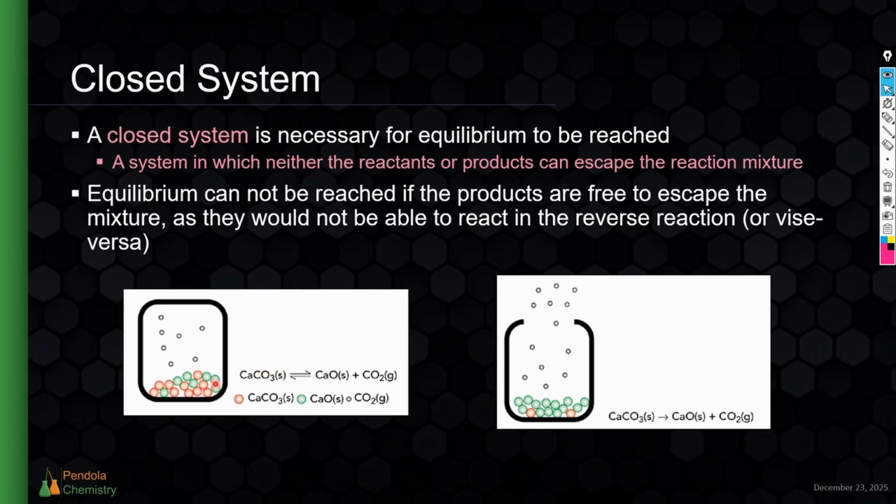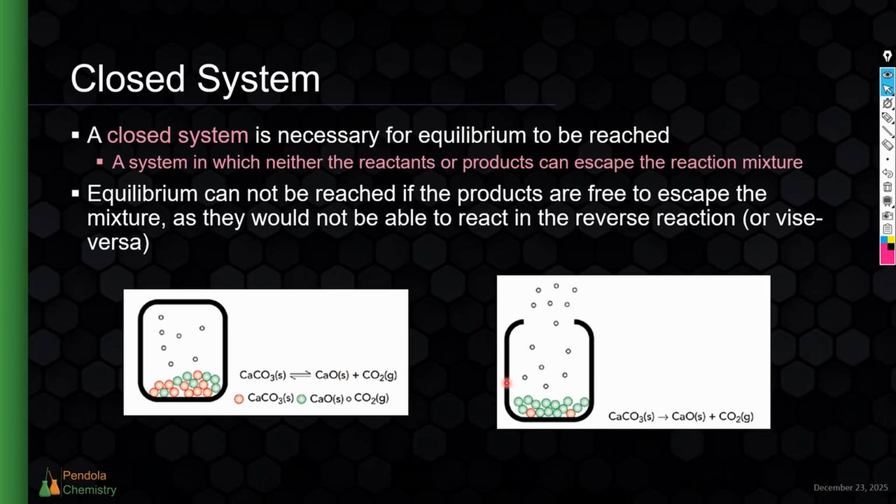It becomes calcium oxide in green, which is also solid, but it also becomes carbon dioxide, which is in white here. If we have a closed system, that carbon dioxide molecules are able to just bounce around the container and eventually meet up with a calcium oxide again to become calcium carbonate. So this reaction is reversible only because the carbon dioxide is allowed to be in contact with a calcium oxide that is created, and therefore that allows them to actually interact and do the backwards reaction.